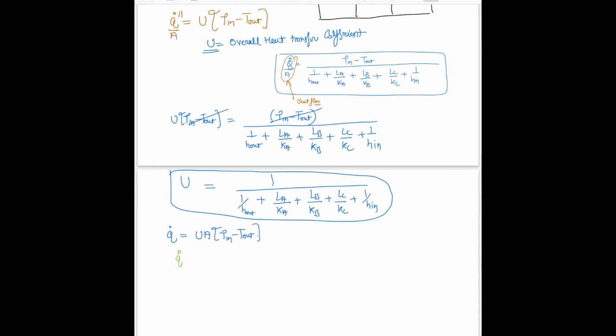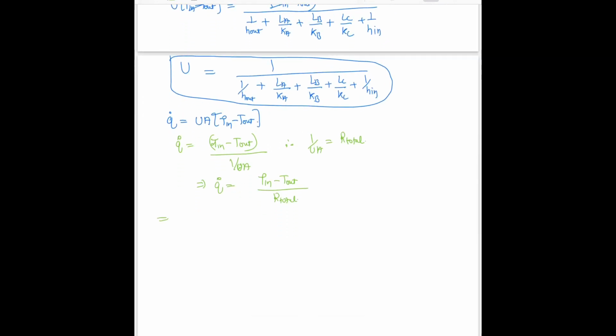And now we have Q dot equal to T in minus T out divided by 1 by UA, where 1 by UA is our total resistance.